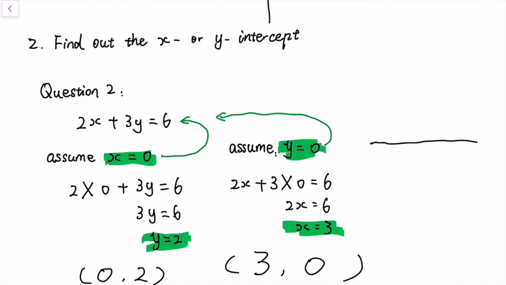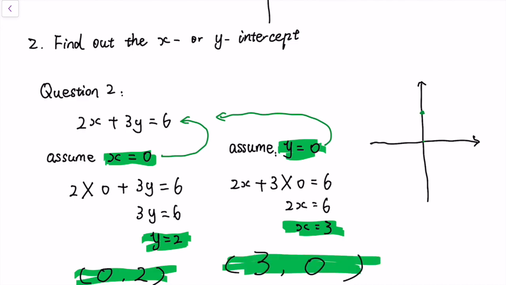So then you can draw the graph. This point is 0 and 2, which is here. And this point, 3, 0, is here.